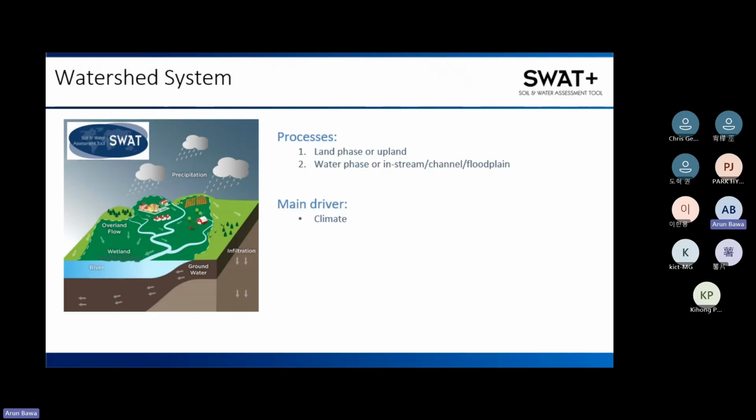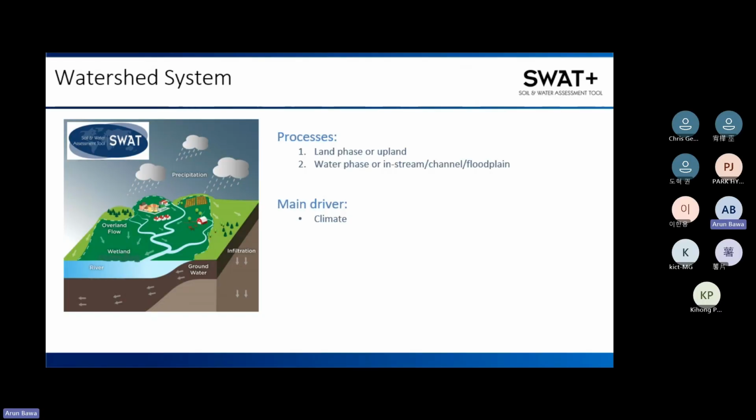So the main driver in the SWAT model, the main driver of all the simulation, is the climate. Why climate? In the SWAT model, we have four main inputs: climate, topography, land cover, and soil. If you look at these three inputs, they are relatively stable, static.